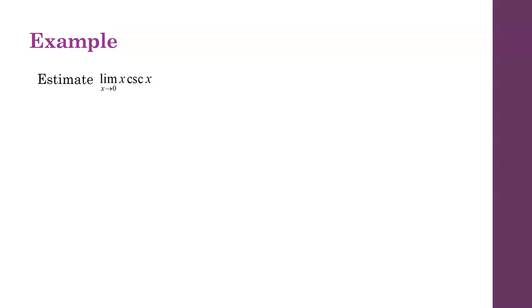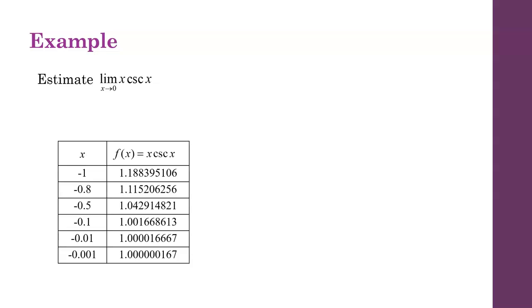Okay, so if I go ahead and use Excel to figure out different values, this is what I get, right? This is what I got when I plugged in the function x cosecant of x, programmed it into Excel, and used these different values of x. So when x was -1, the value of x cosecant of x is 1.188395106.